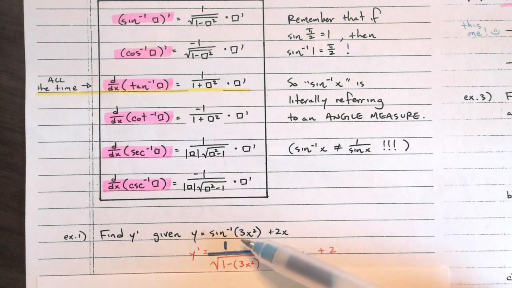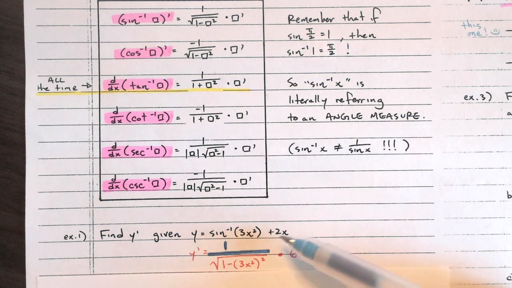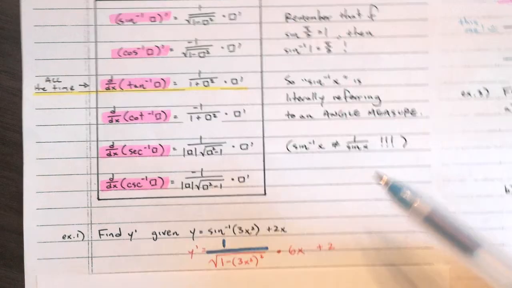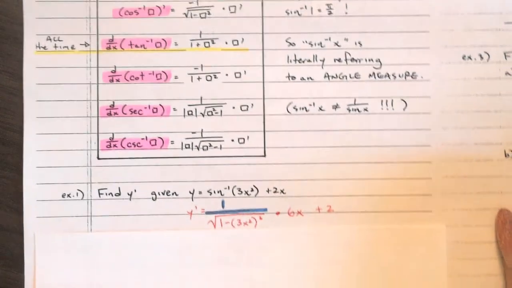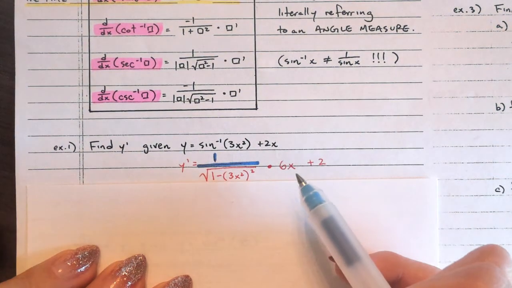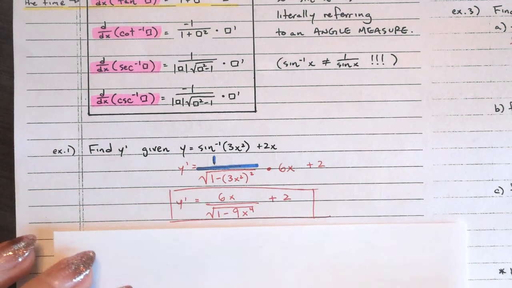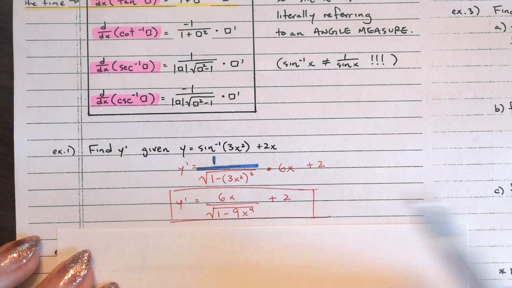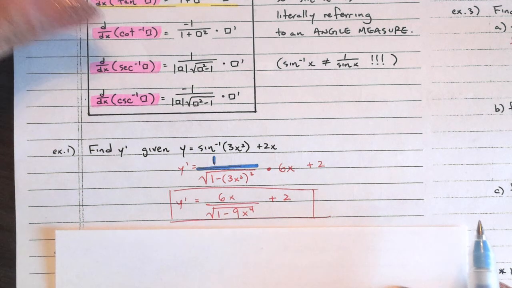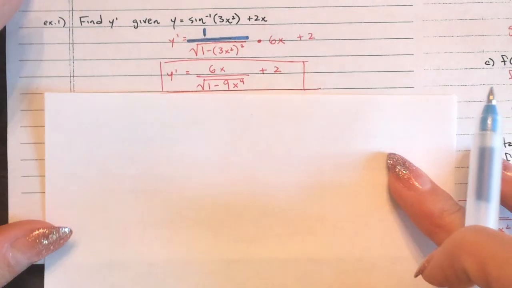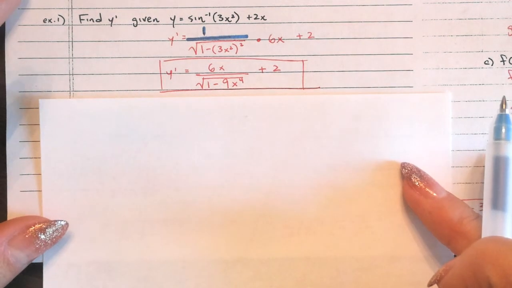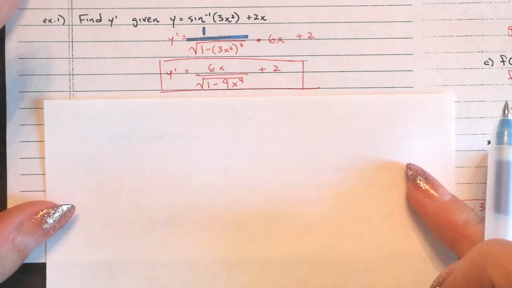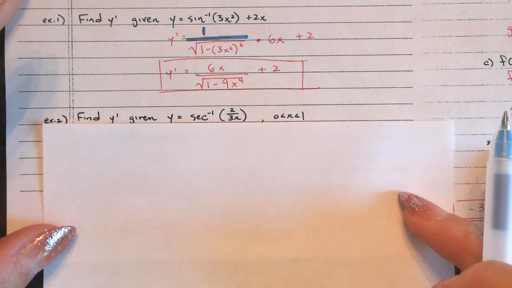So times 6x plus the derivative of 2x, which is 2. Okay, so you can't just leave it like that. You want to simplify it. So that 6x goes on top, and then you just square 3x squared, which is 9x to the 4th, and that's your final answer.